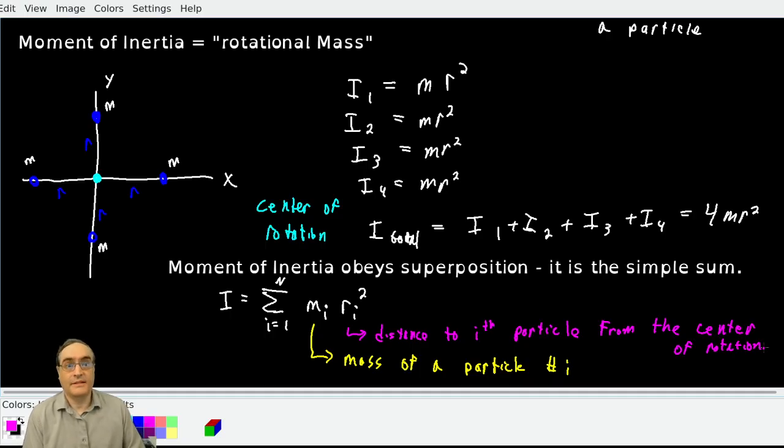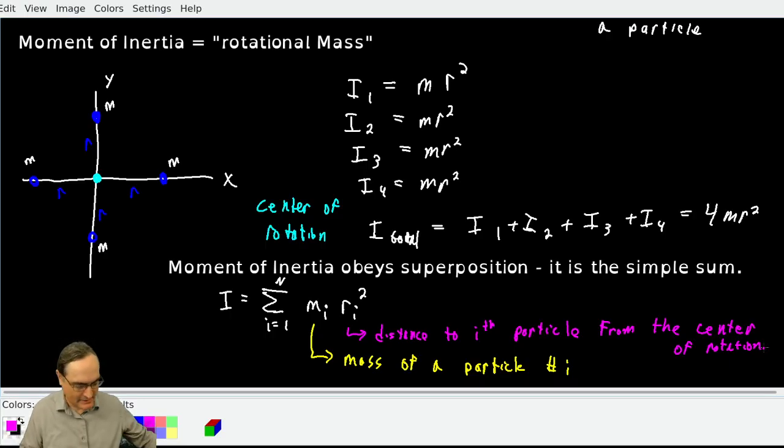Okay, this is great if you're dealing with point masses, but the large part of what we're getting into now is dealing with extended objects, something that's solid throughout, like this thing trying to spin around one of its edges, or trying to spin around its spine, or trying to spin around its center of mass. We can imagine a shape like this is just made up of lots of little particles, an infinite number of very, very small mass particles.